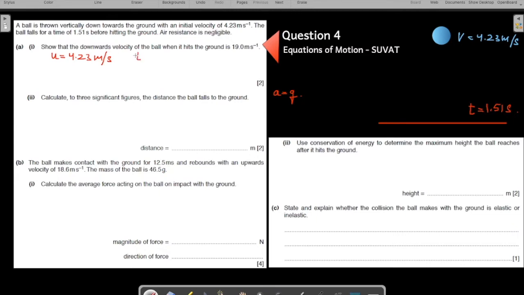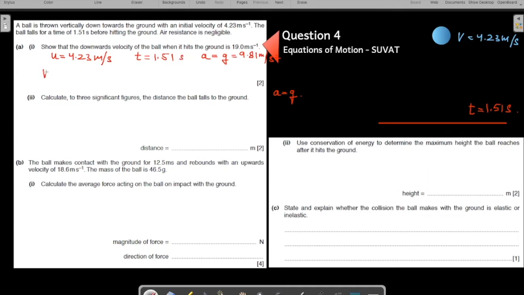Time for the fall is also given to you, 1.51 seconds. And you also know the value of a. a is g, which is 9.81 meters per second squared. Alright, so what do you have to find?